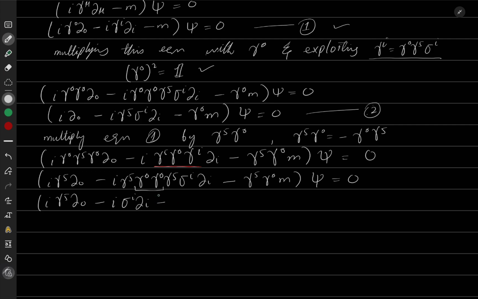If I change the order of γ^5 and γ^0, I get γ^0 γ^5 and a minus sign, which will make this minus sign eventually a plus sign, into ψ equal to 0. Let's call this equation number 3.